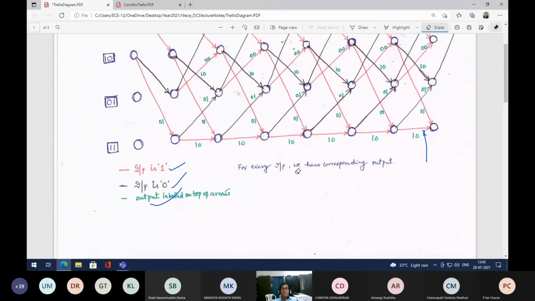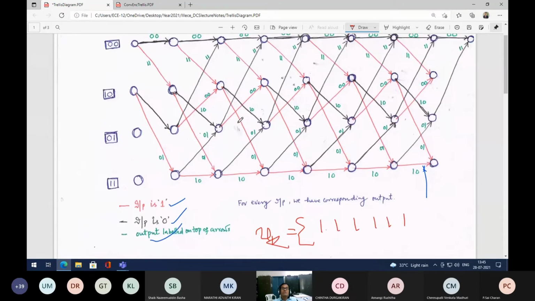Let us say my UK is equal to all ones, 1 1 1 1 1 1, that is 1 2 3 4 5 6.